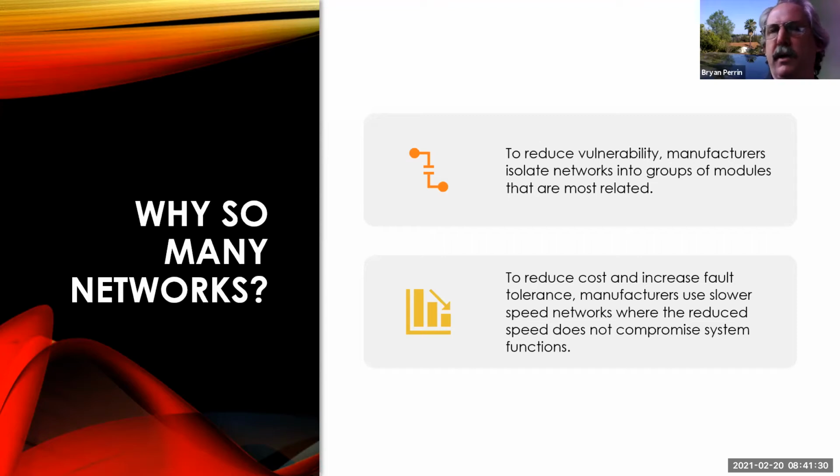So if I hit the button, does it really matter if it takes 300 milliseconds for the window to start moving? Is the customer going to complain about that? No, because to them, it still seems instantaneous. So why have a high speed network that can do it in 30 microseconds? It's not worth the money because the faster the network, the less fault tolerant it is as a rule, and the more expensive it is to build.